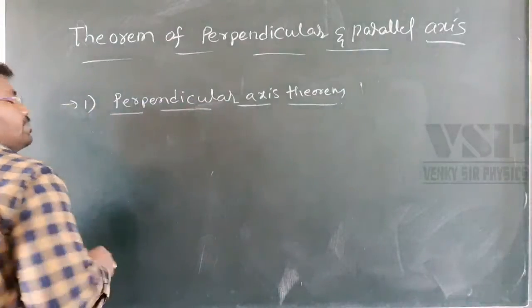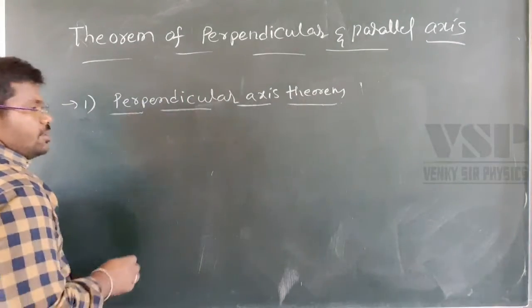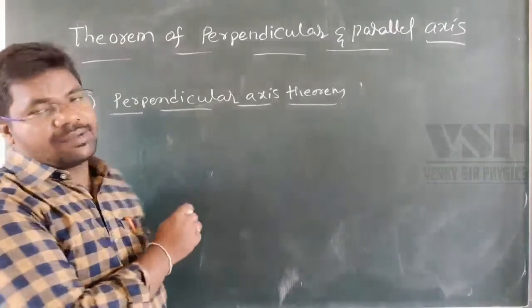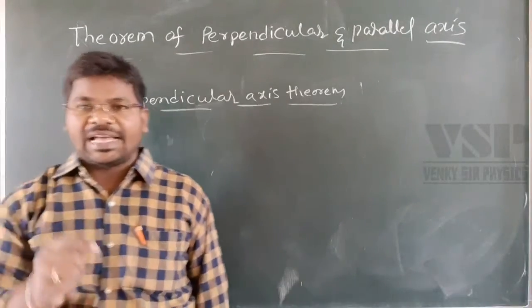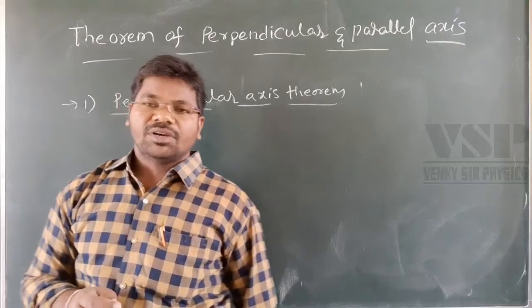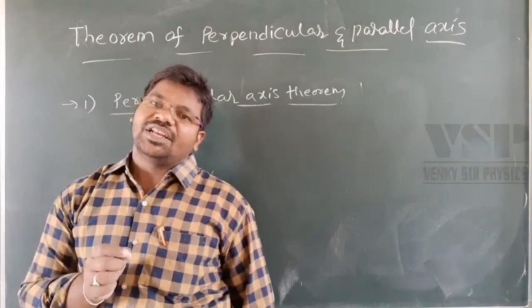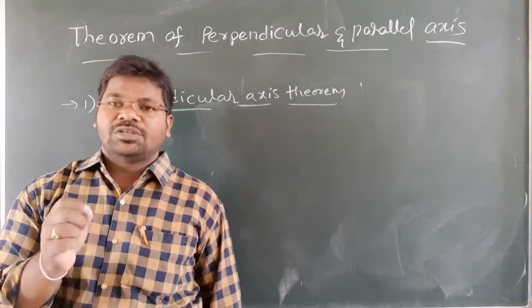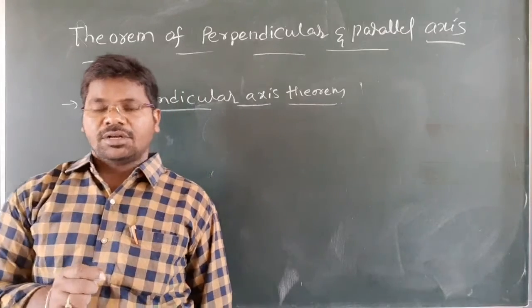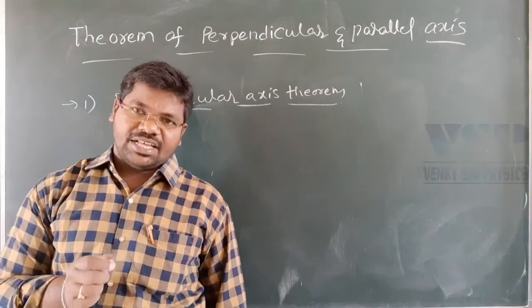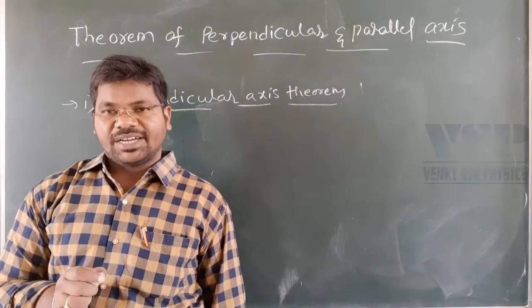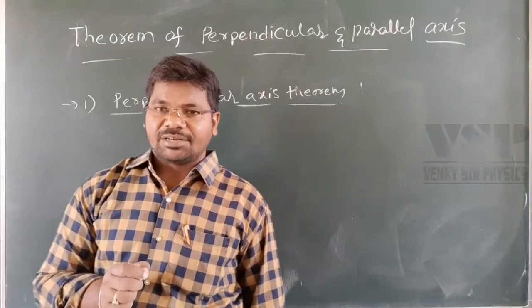Perpendicular axis theorem. See here, perpendicular axis theorem means we can have three axes x, y, z. The moment of inertia about the z axis is equal to the moment of inertia about the x axis and y axis, my children. So this is the statement.